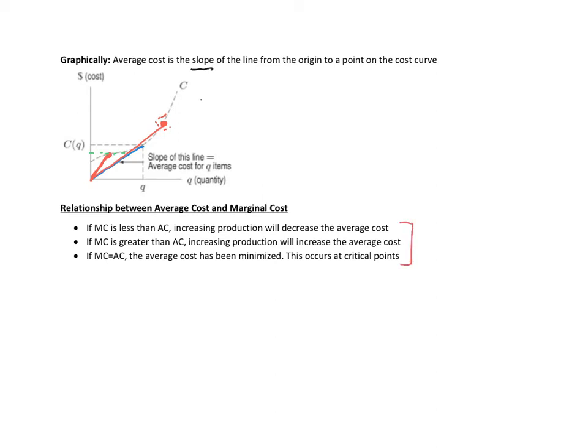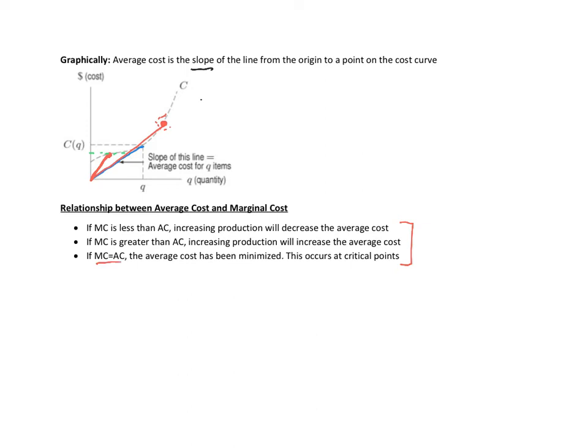So this is an important table to memorize. If marginal cost is less than average cost, increasing production will decrease average cost. If marginal cost is greater than average cost, increasing production will increase average cost.